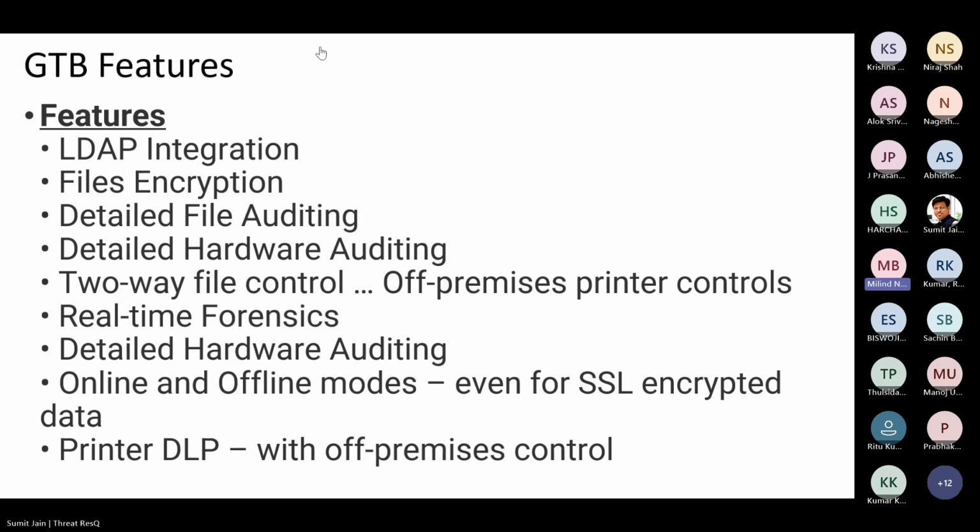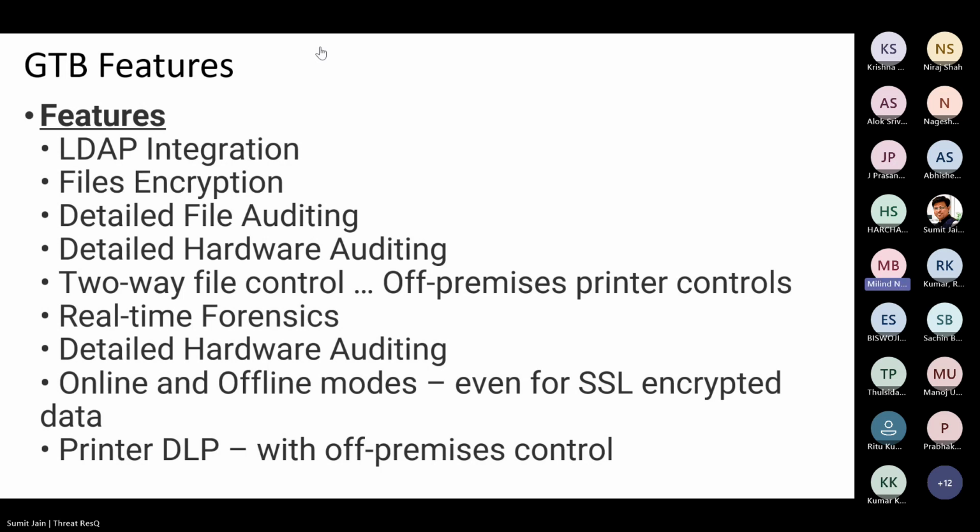That is how, for classified data, printing can be prevented, right? So if somebody wants to steal important information by taking it in the form of a hard copy, that can be prevented.